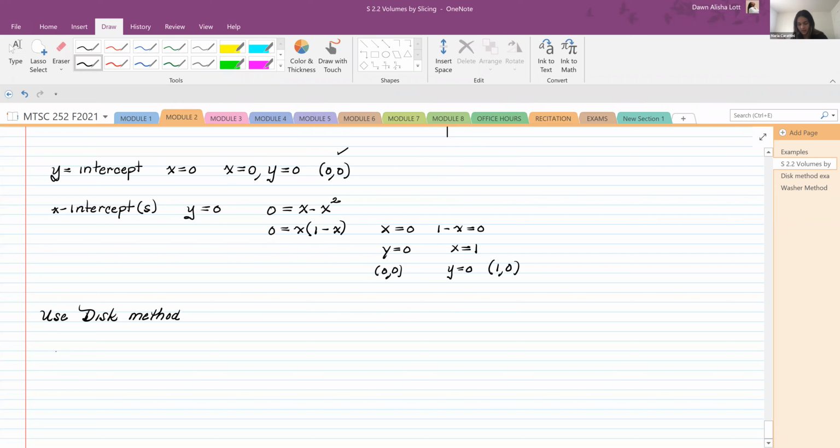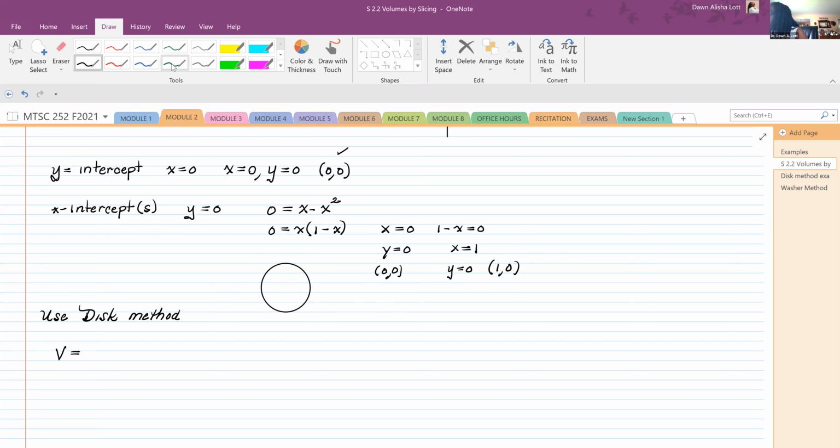Is it pi times r to the second? Okay, so that's the area of a single disc. Good. It is pi times the radius squared.